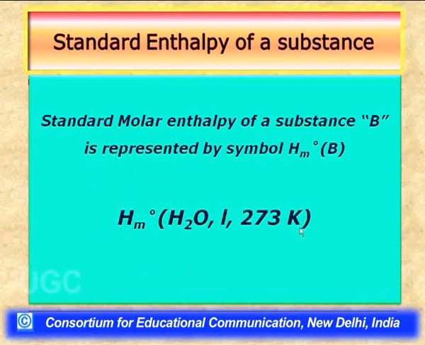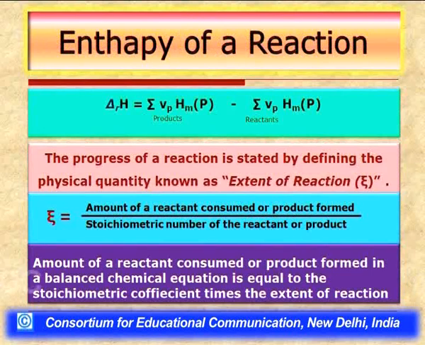So the pressure is fixed, and therefore we need not mention the pressure over here. So standard molar enthalpies of a substance are only functions of temperature. Therefore standard molar enthalpies are temperature dependent quantities only.